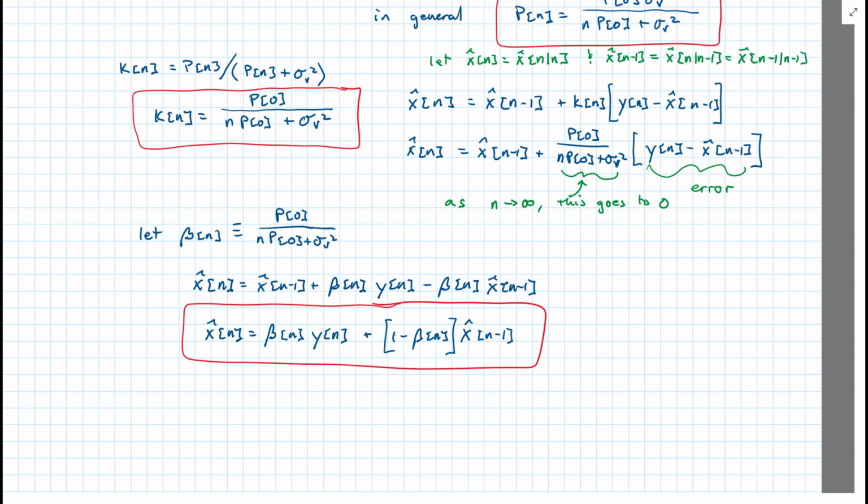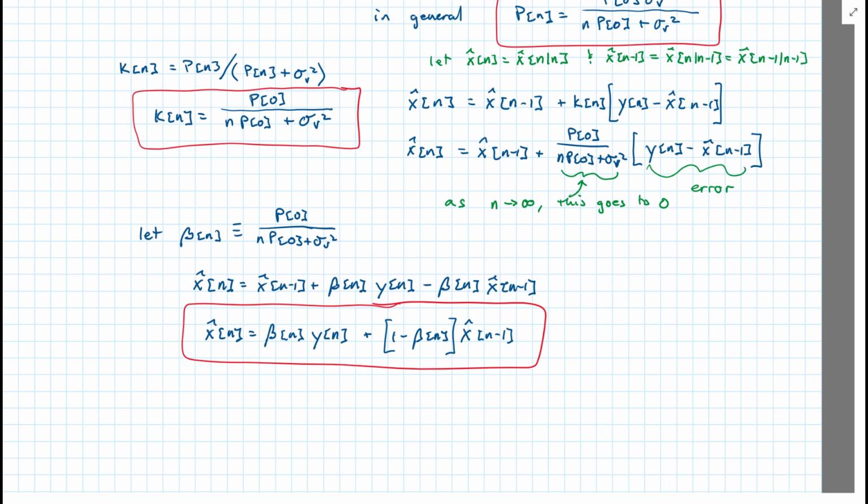Look at that. So at the beginning, if n is equal to 1 and p is large, then beta is close to 1, and we're placing a lot of emphasis on our previous x. However, as n becomes very large, beta becomes very small.